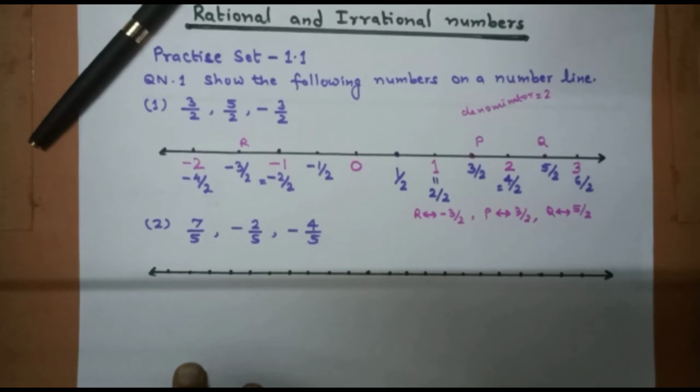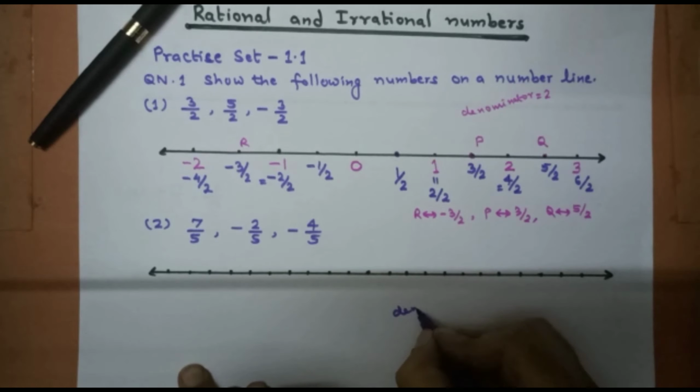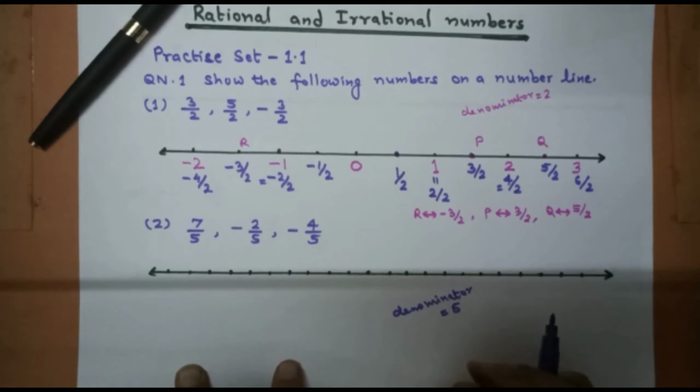First of all you see the denominator. Your denominator is equal to 5. It means again between two consecutive integers there will be 5 divisions.